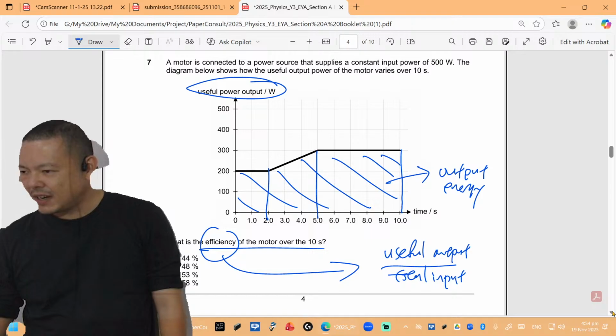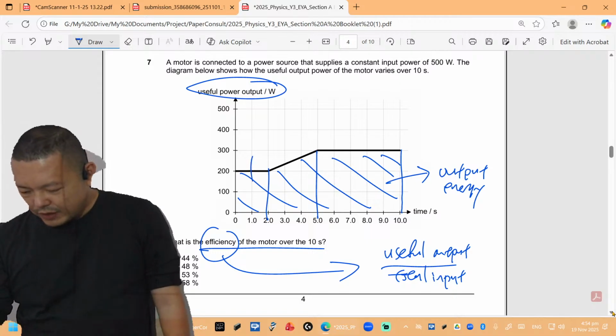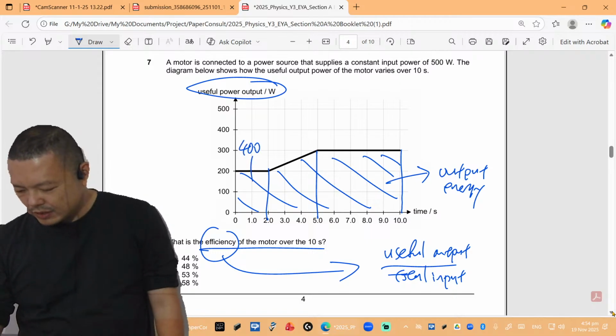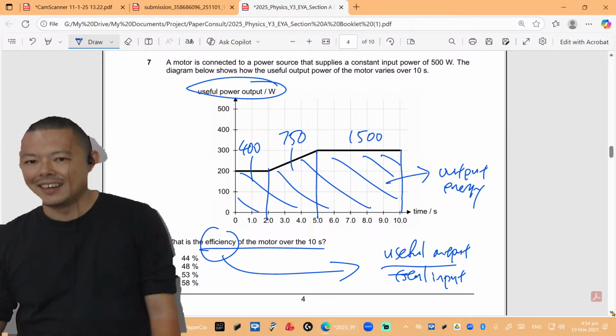But if you can do that fast, can y'all do this quick math? 200 times 2, this is what? This 400, right? 400, then this one is 200, 300, 500, 250, 250 times 3, 750. Right, and this one here is 5, 10, 5, 5, 300, 1005. Yeah, right.